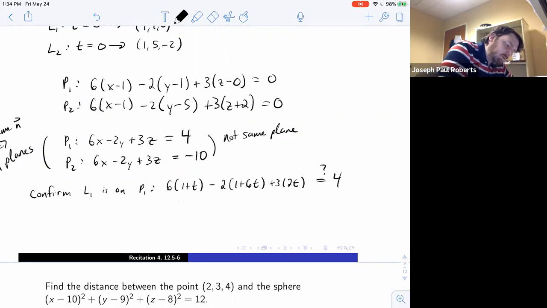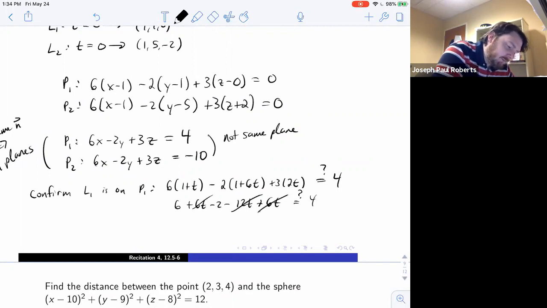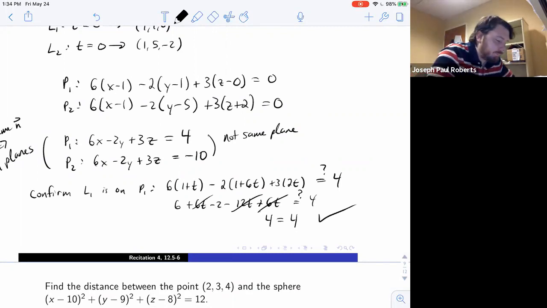So this is going to be what? 6 plus 6t minus 2 minus 12t plus 6t. Does that equal 4? And yeah, what do you know? 6t plus 6t minus 12t. And so there we go.